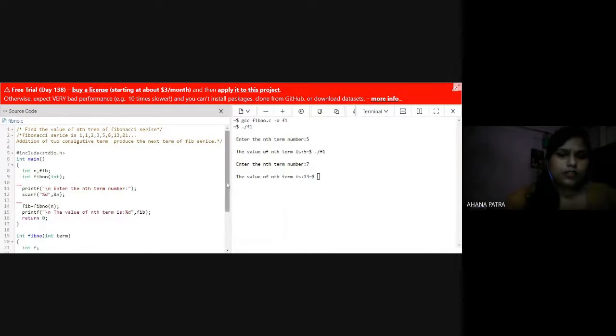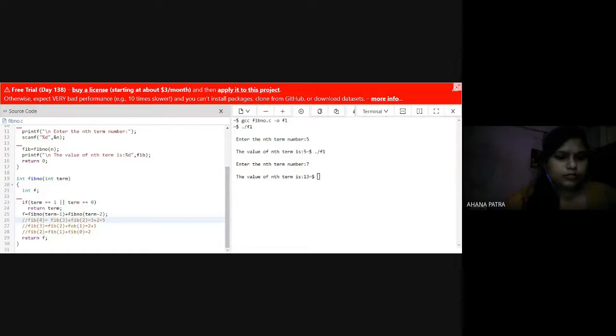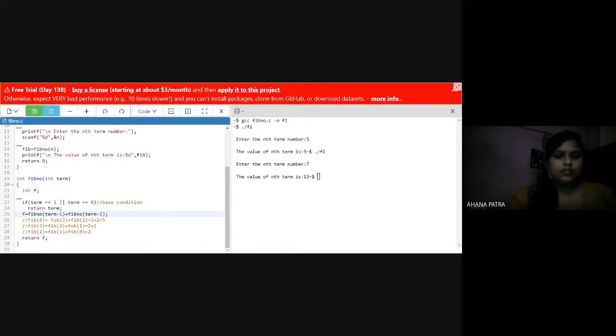So I think you can understand how Fibonacci works and how recursion works, how a function calls itself, and that there are two conditions: the base condition and the general condition.